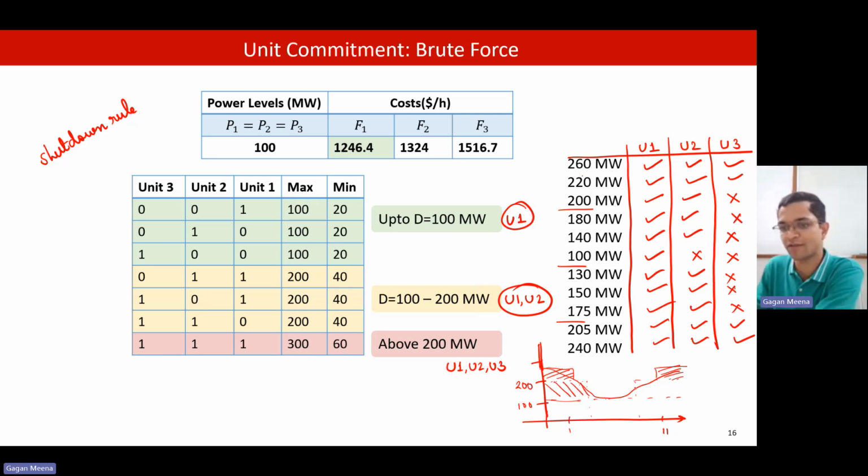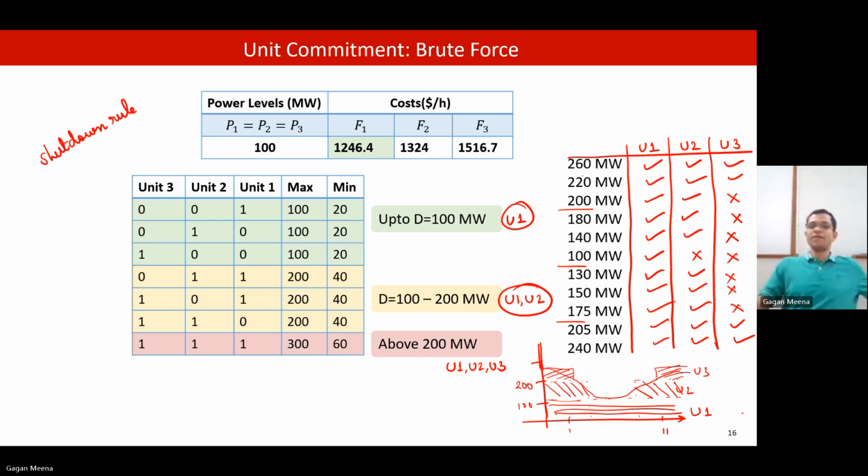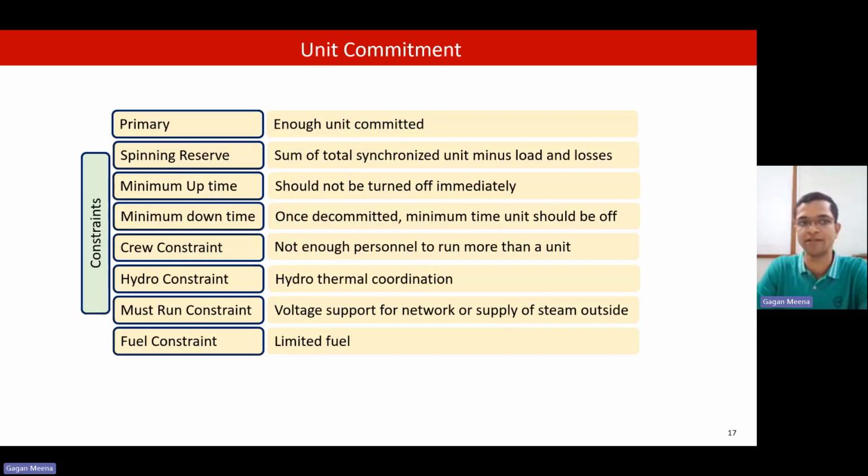This is unit 2, this is unit 3, and this one is unit 1. So unit 1, 2, 3, we can do it like this. This is the most basic way.